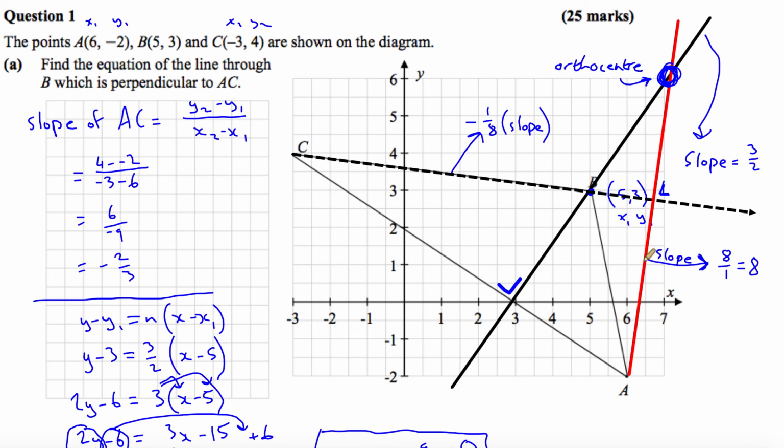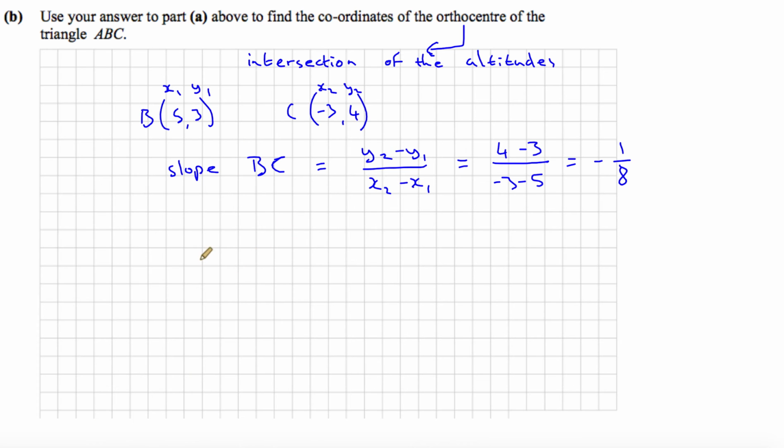To get the equation of the red line, I know it goes through the point A, which is 6, minus 2. So going through the point 6, minus 2 with a slope of 8, the equation will be y minus y1, so y minus minus 2 is equal to 8 bracket x minus 6.